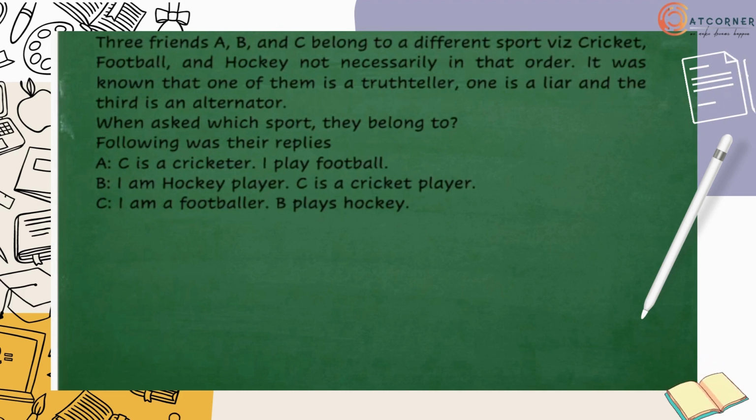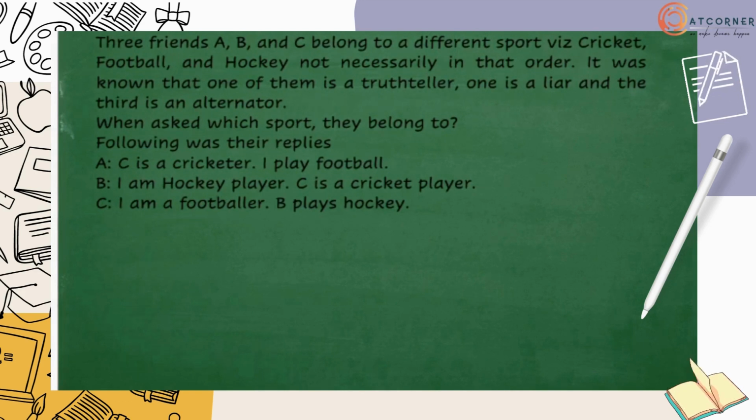Whenever we try to solve this question, one thing is very important: whatever the number of categories mentioned here, our answer should also come out as follows. If there is one truth teller, one liar, and one alternator, our end result should also have one truth teller, one liar, and one alternator. It should not be one truth teller, two liars, or one liar, two alternators. The given specific number of categories should always be followed.